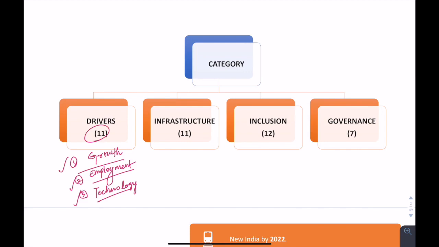Now, keep this in mind. This particular report is not important only for RBI, it's also very important for UPSC aspirants, and it's one of the most comprehensive reports out there. If you cover this, you're going to be benefited not only in phase 1, not only in phase 2, but also in interview.